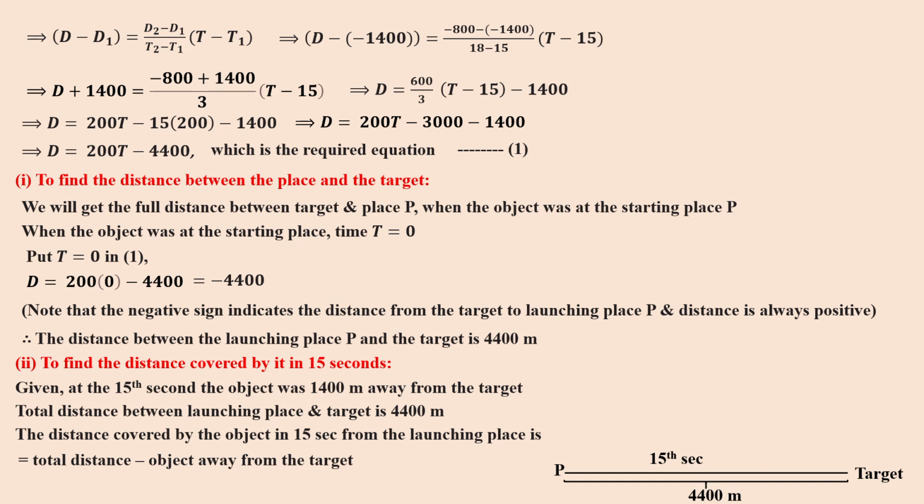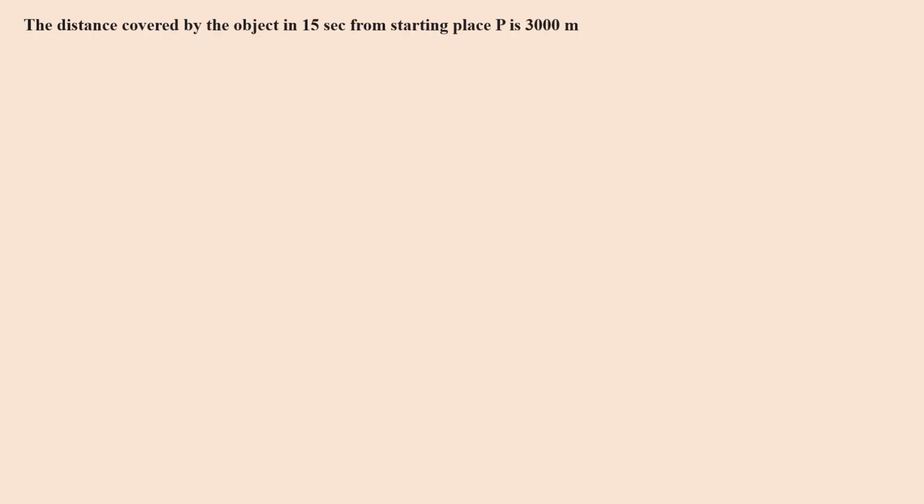At the 15th second, the object is 1400 meters from the target. Subtracting, 4400 minus 1400, we get 3000 meters. Therefore the distance covered by the object in 15 seconds from the starting place is 3000 meters.